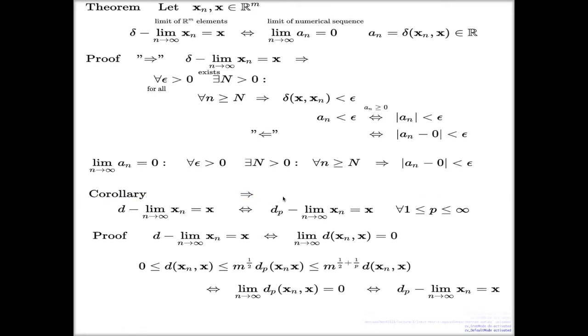For the opposite direction, we can actually use it right straight away, because if you start from this side and make a step here, limit of dp's go to 0. Then your Euclidean metric is squeezed between the number 0 and the vanishing sequence. So d numbers also go to 0, and you come back. So actually the argument is easily reversible.